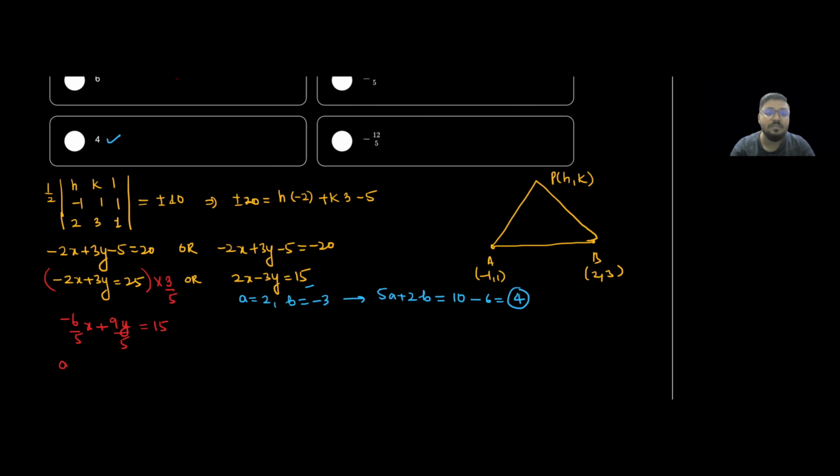Now the a value is -6 by 5 and the b value is 9 by 5. So 5a + 2b will be -6 plus 18 by 5, so (18 - 30) by 5, which makes it -12 by 5.